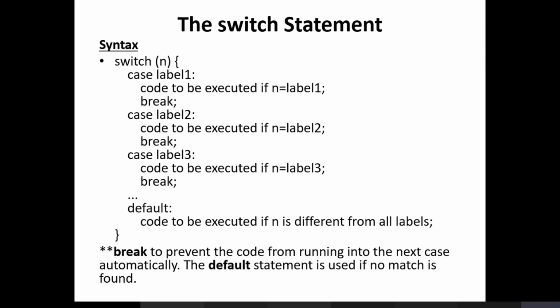Then case label 2, code to be executed if n equals label 2, then break. Then case label 3, code to be executed if n equals label 3, then break, and so on. And at the last, the default block is there. So default colon, code to be executed if n is different from all labels.